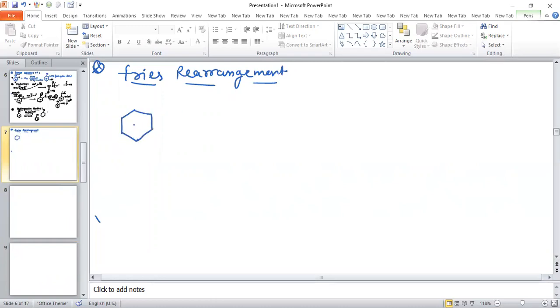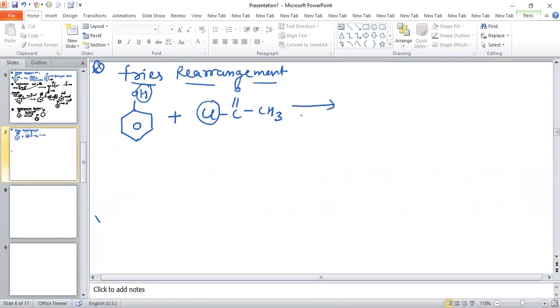Suppose we have phenol and we add the group Cl, C double bond O, CH3, which is an acid chloride. So this H and this Cl will be removed.